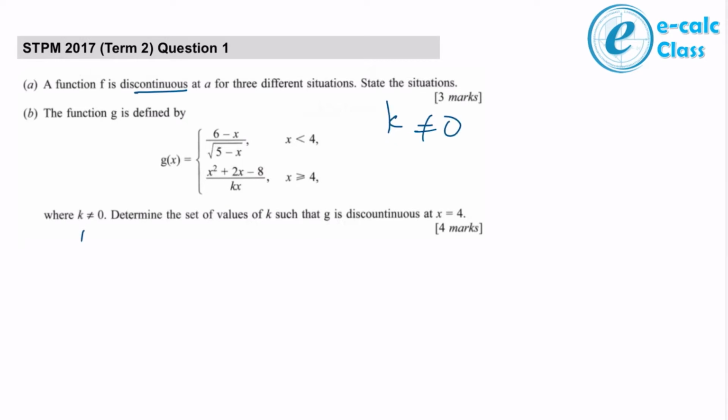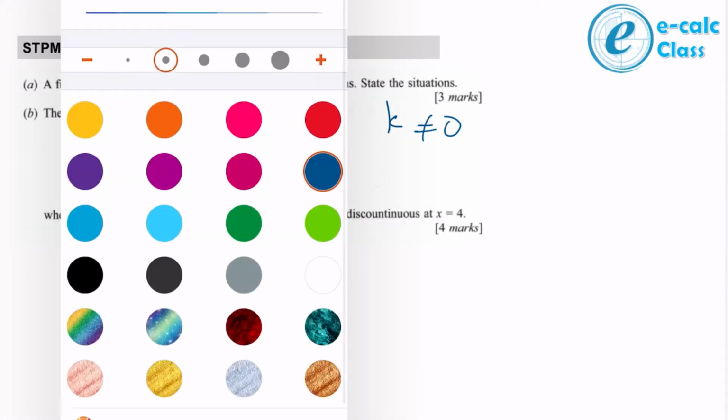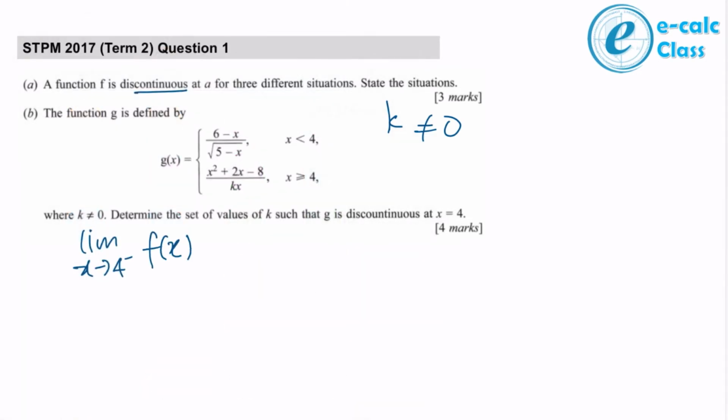And now the limit from the left is not the same as your limit from the right. Sorry, it's g(x).